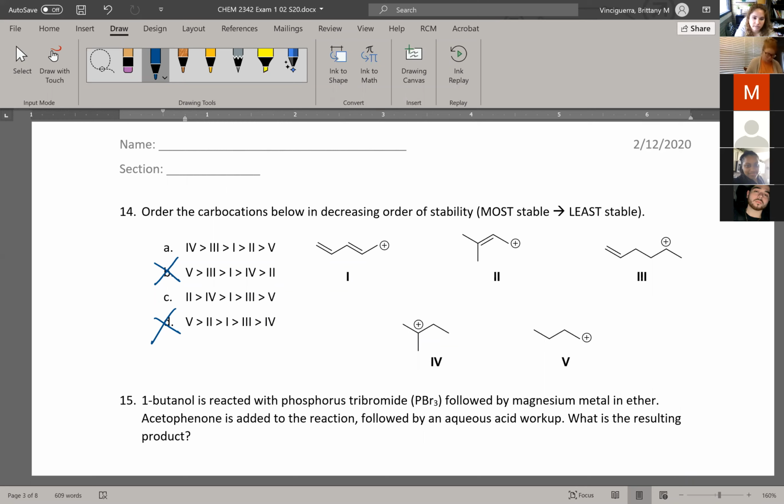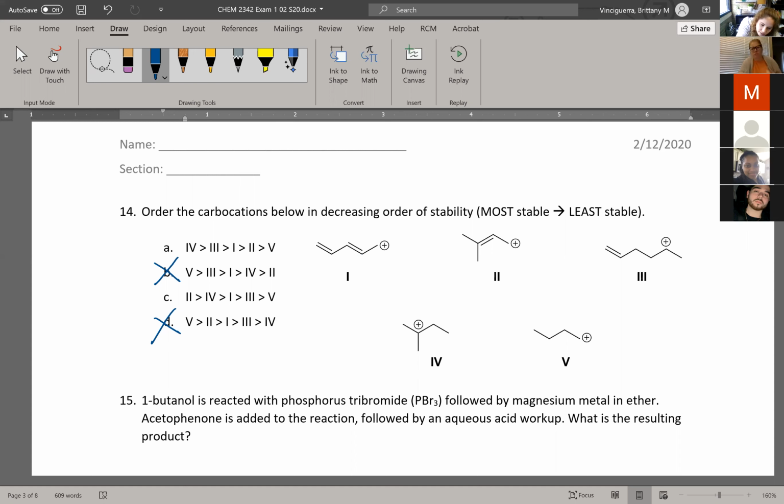There is a place where it can be secondary. If you look in your textbook or even online, there's always kind of iffiness as to whether it's better to be secondary and allylic or tertiary. So I put 4 in front of 1, which I kind of regret. That's why I have you guys pick between options instead of writing it out.